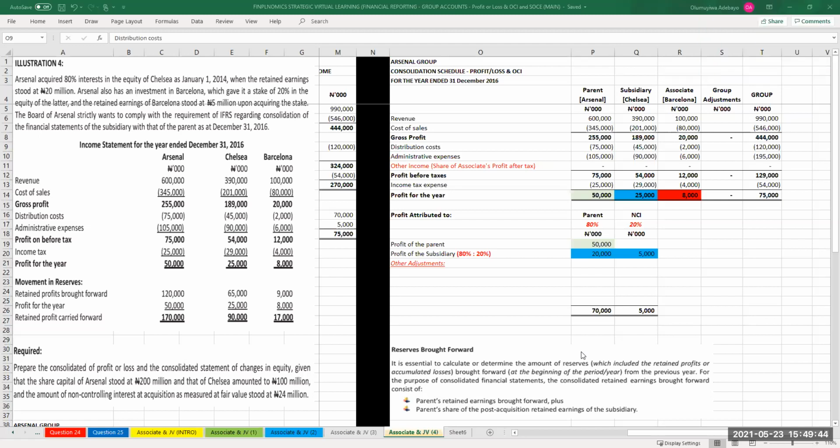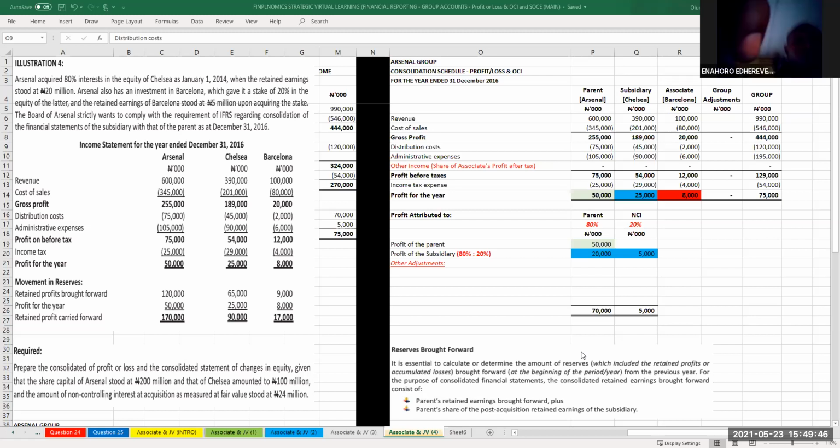Good afternoon. In solving this question, the first thing is that we consolidate the parent and the subsidiary in the income statement.